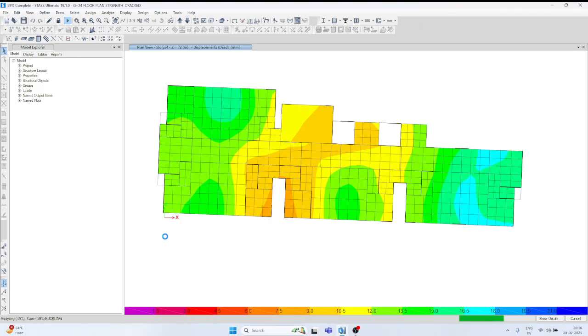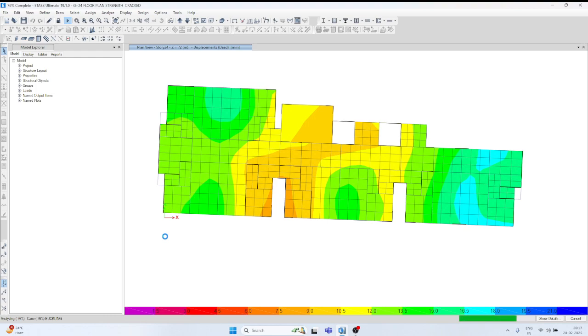In the uncracked model we check the modal analysis, meaning the behavior of the structure. Then we check the creep analysis, meaning deflections. After that we create the next model, that is the service model. In the service model we check the maximum inter-story drift ratio due to earthquake load. That limit is 0.004, we know well.